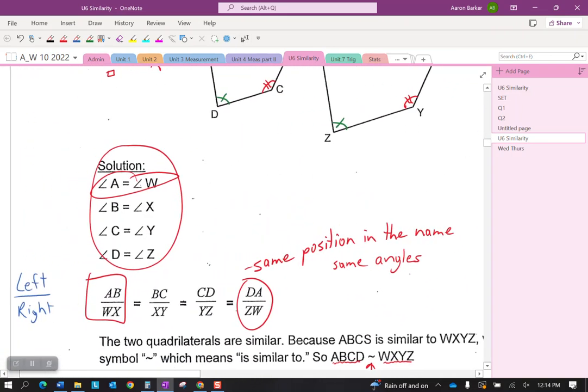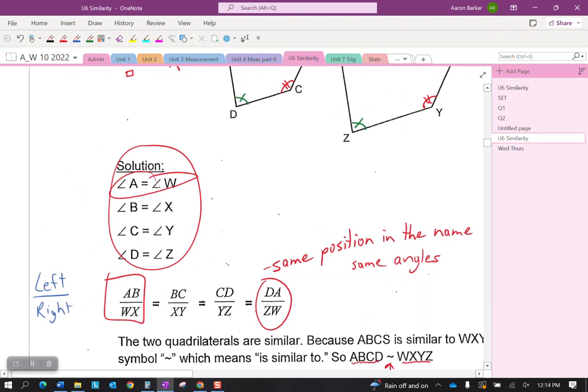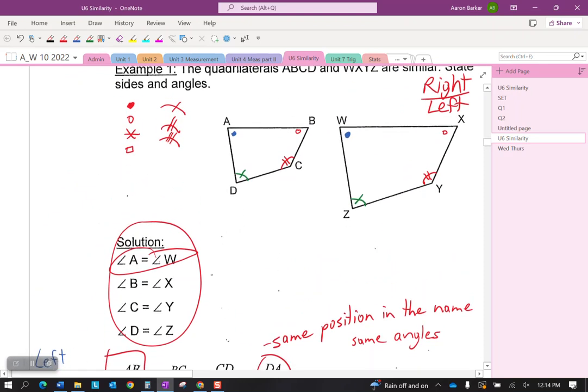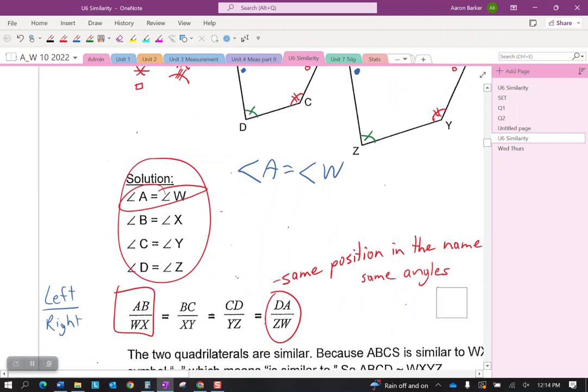So for the angle symbol, angles that are equal, angle A equals angle W, sometimes when I write it, I write it more like a sideways angle symbol, just to let you know. But the computer usually does the sideways L for the angle symbol. So just be aware, it's a little bit different when you write it. Okay. So those angles are equal, and these sides are in the same ratio.